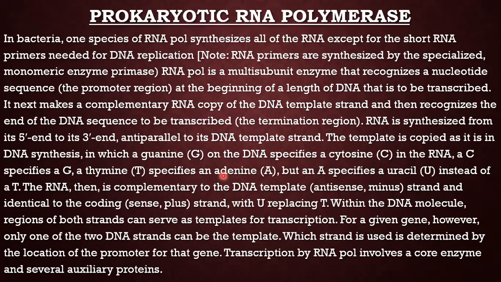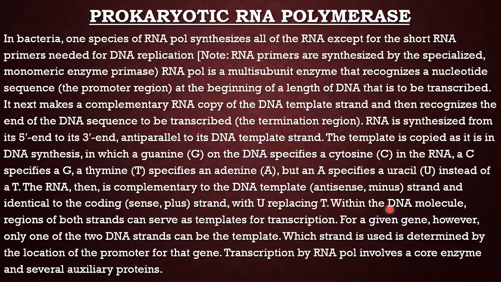Then the RNA is complementary to the DNA template, which is also known as the antisense or the minus strand, but it is identical to the coding, the sense or the plus strand, with only uracil replacing thymine.